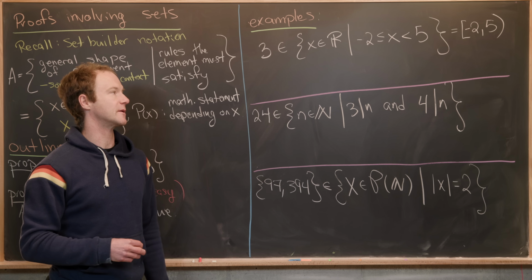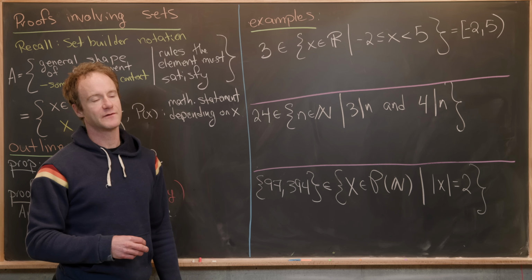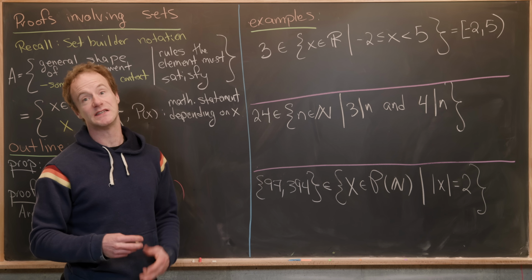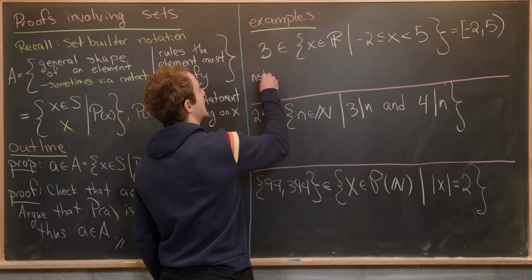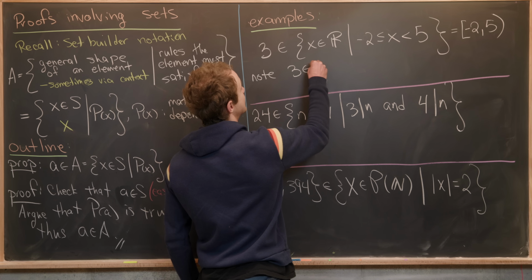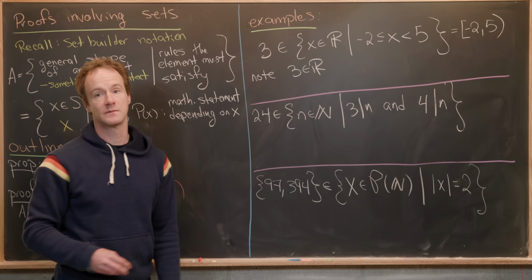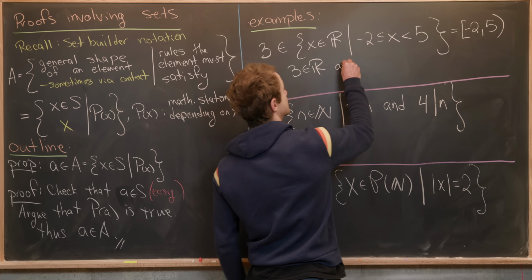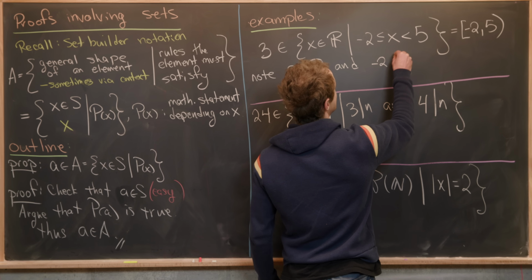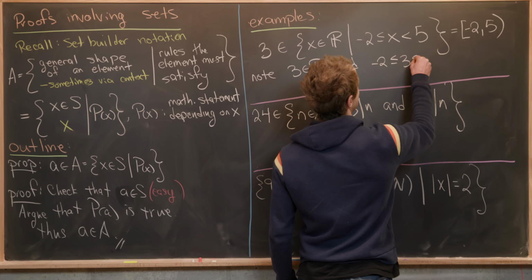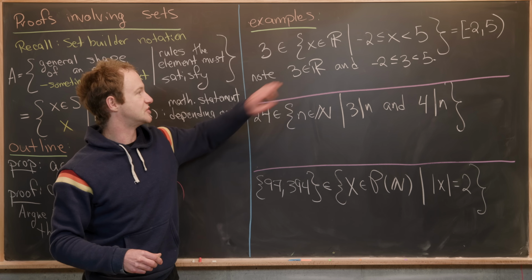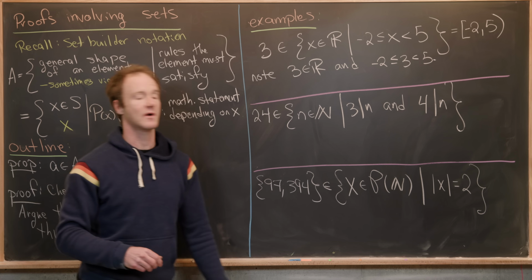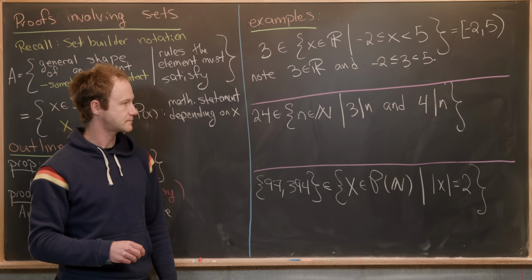This is super clear, and you wouldn't really need to write a proof down for this, but just for the sake of the video, let's see everything you would need to do. First, you would check and notice that 3 is a real number, and that 3 is bigger than or equal to -2 and less than 5. In other words, it has the right general shape and it satisfies the right specific rules.